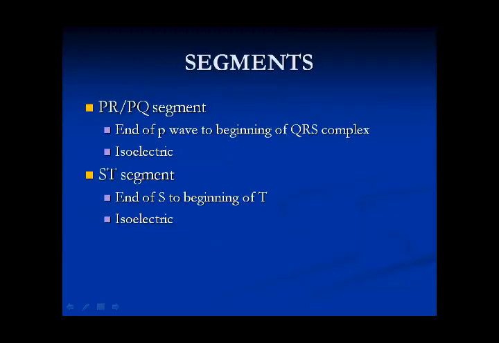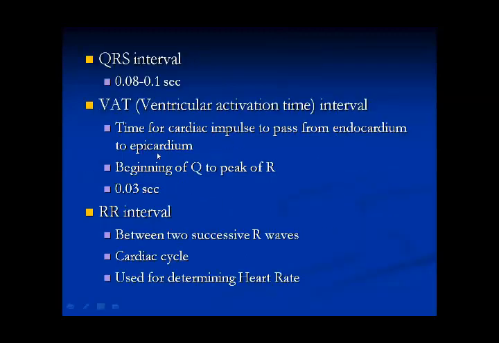The ventricular activation time interval is the time for cardiac impulse to pass from endocardium to epicardium. These are the two layers or surfaces of the myocardium, endocardium and epicardium. So the time required for the cardiac impulse to pass from the endocardium to epicardium is the ventricular activation time interval.